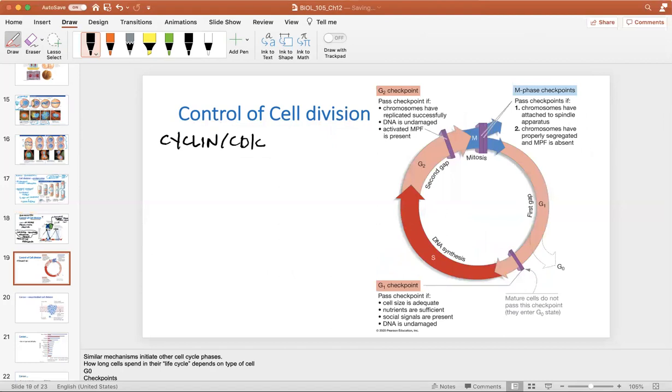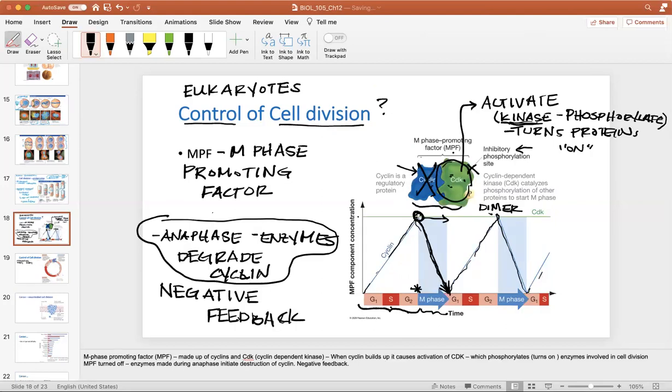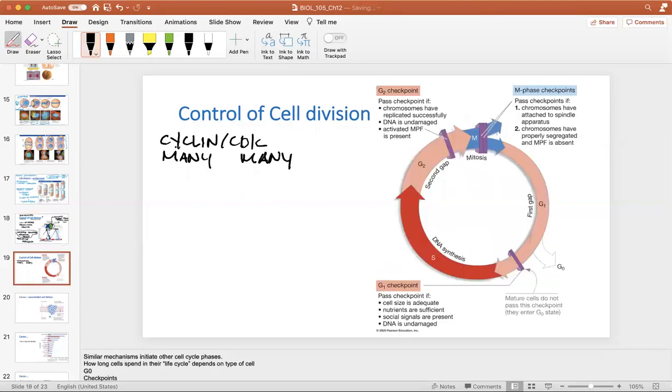cyclin CDK, this combo of cyclin and CDK, it turns out that there is more than one version of cyclin, so I'll put many, and there's more than one version of CDK. So this example here that I showed you, it works as a way to start M phase, but it also, using different cyclins and different CDKs, that's exactly how we turn on different phases of interphase, okay?